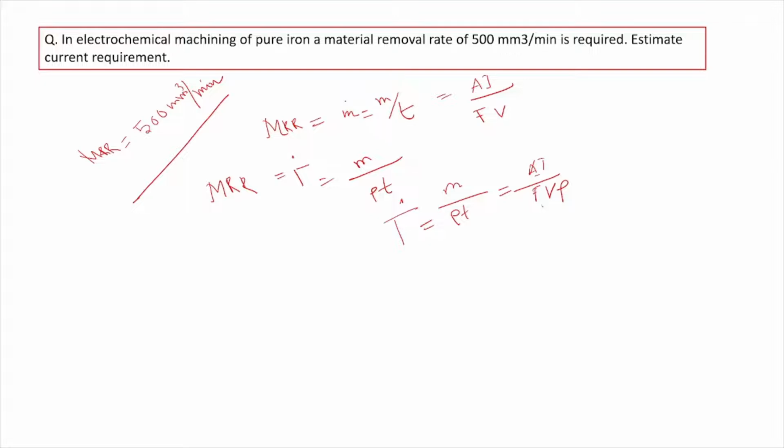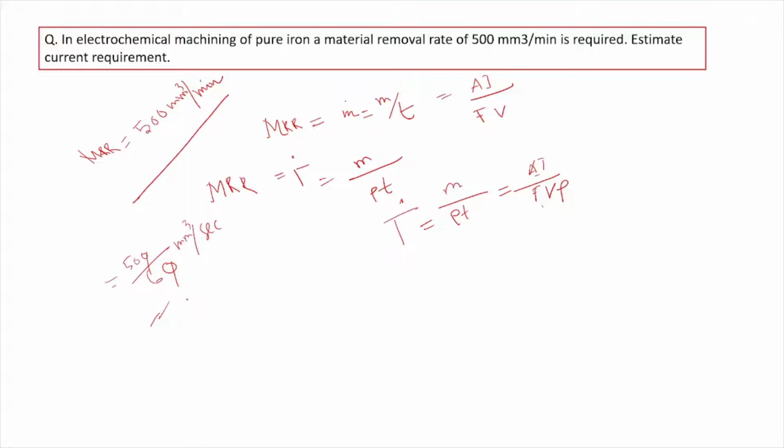MRR is given as 500 millimeter cube per minute, but we have to convert it into seconds, like 500 divided by 60 millimeter cube per second. If we convert it, what will be the result for this MRR? 50 by 6, right?